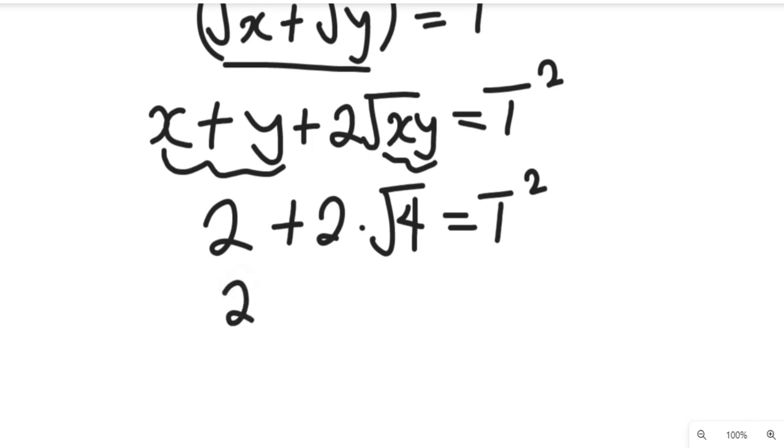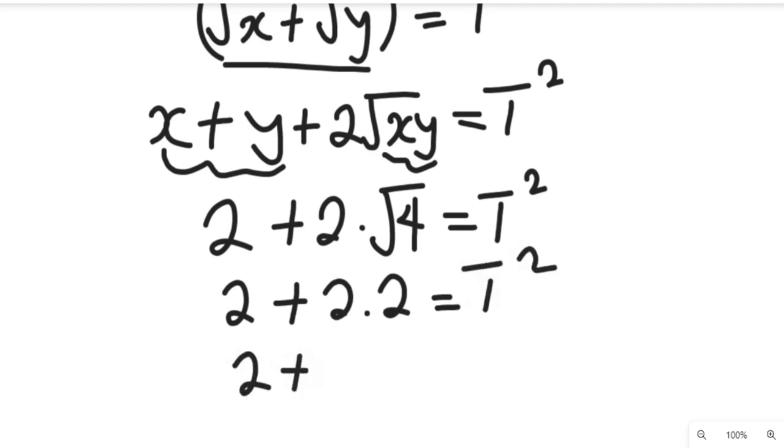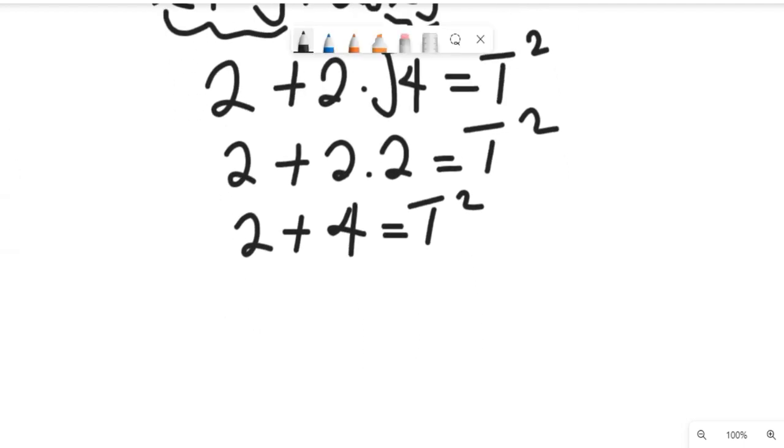So this will give us 2 plus 2 multiplied by 2, which gives us t square. 2 plus 4 will be equal to t square. And then finally, we'll have our t square equal to 6.